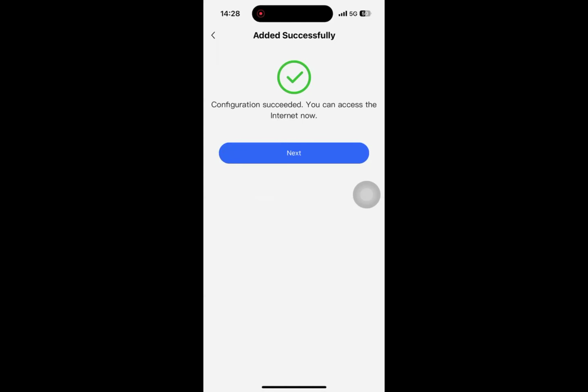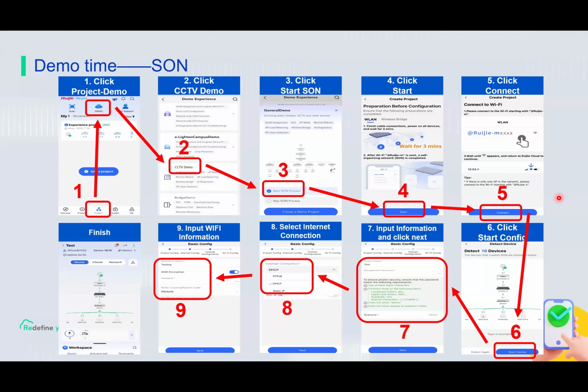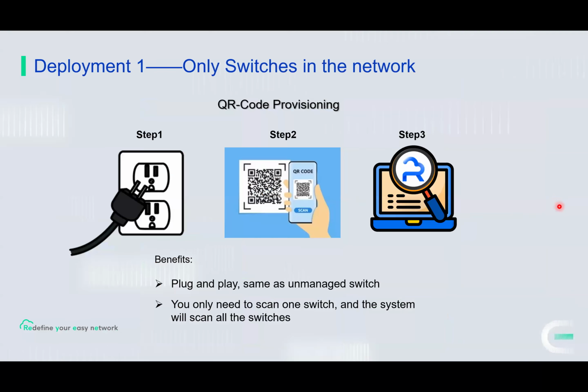Okay, so let me go back to the PowerPoint. Wait a moment. So let me share the screen again. Okay, so this is the demo for how to set up the networking device.